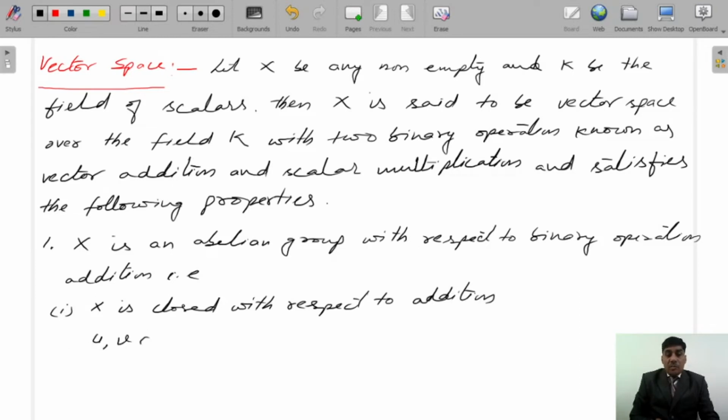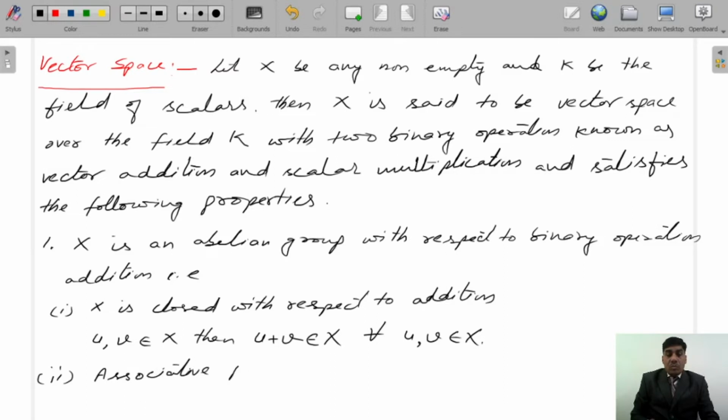If u, v belong to capital X, then u plus v belongs to capital X for every u, v belonging to capital X. Second, associative property.